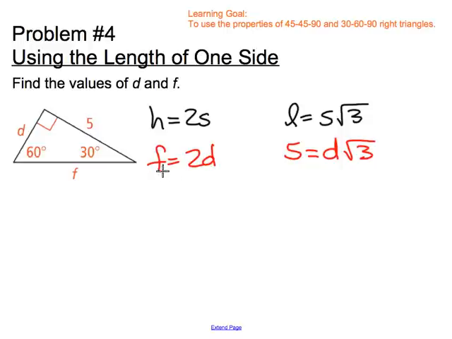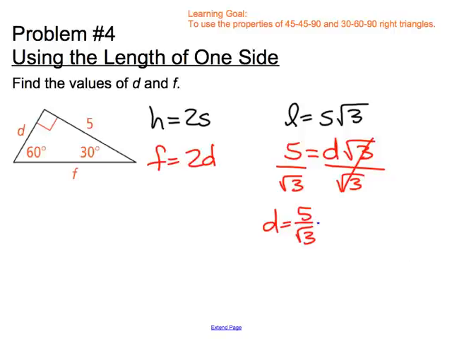If we look here, we have two variables, f and d, in the left-hand equation, and only a single variable in the right-hand equation. So we can solve for d by dividing both sides by the square root of 3. So the square root of 3's cancel. We get d equals 5 over the square root of 3.